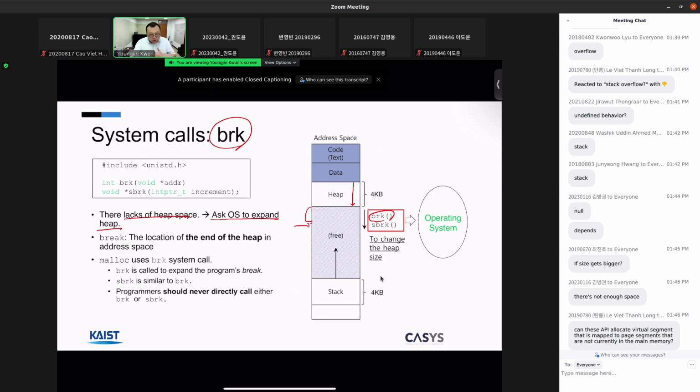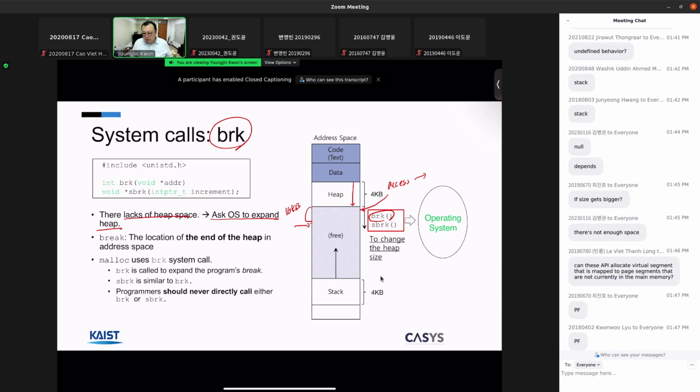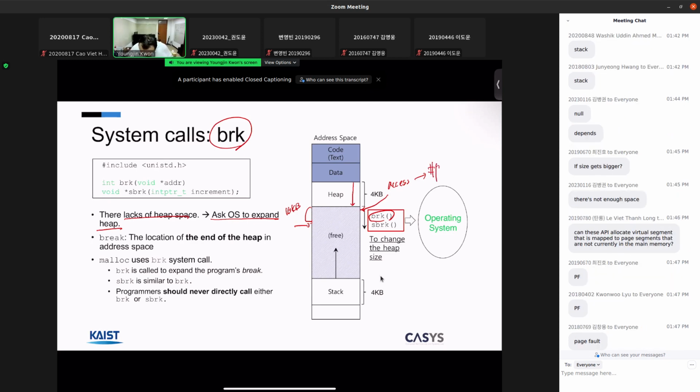Let's say some size, for example 16 kilobytes, is added. Then, if the application starts using this heap, what happened? Access. What happened? A page fault happened. Then the OS allocates.